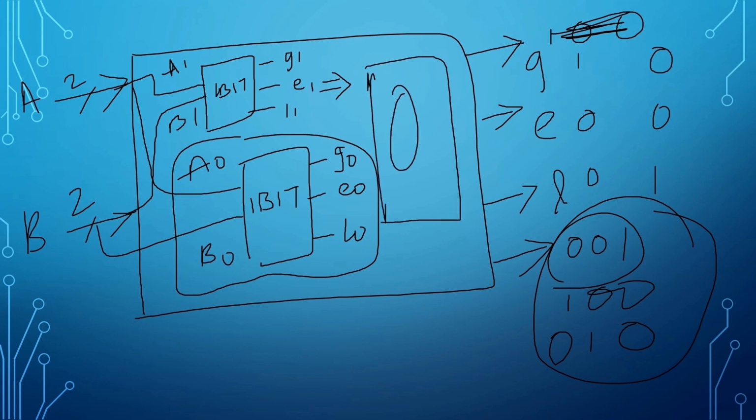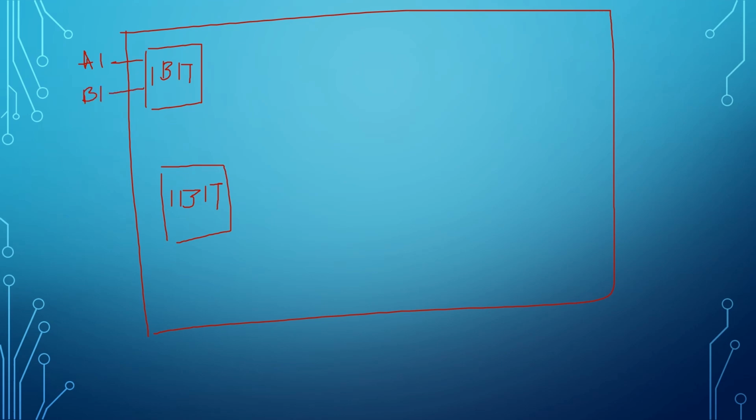Now, what hardware implementation do we need to get outputs like this? Let us discuss its detailed hardware implementation. As we discussed before, we use two 1-bit comparators. Here one takes A1, B1 and the other takes A0, B0.